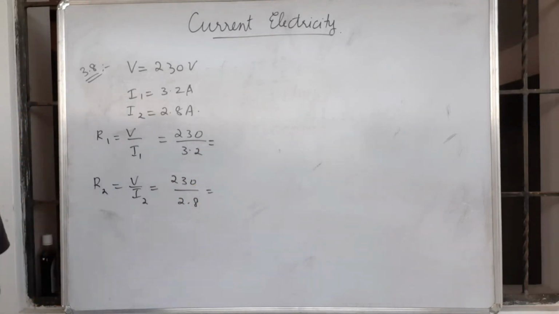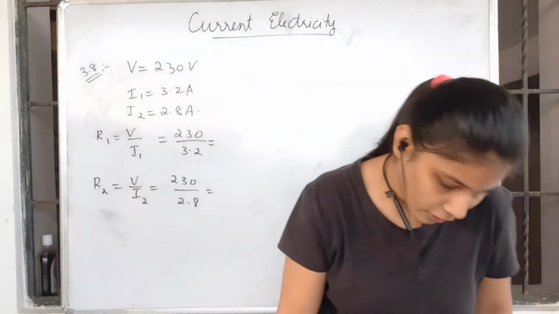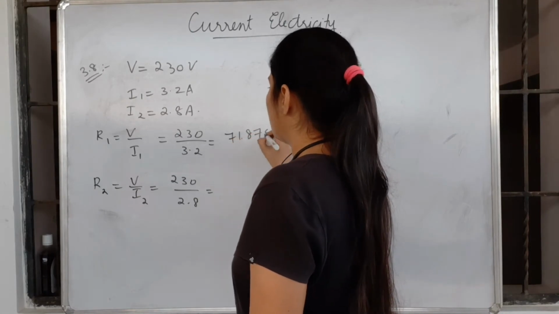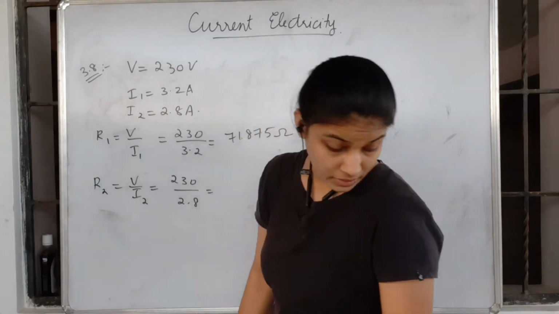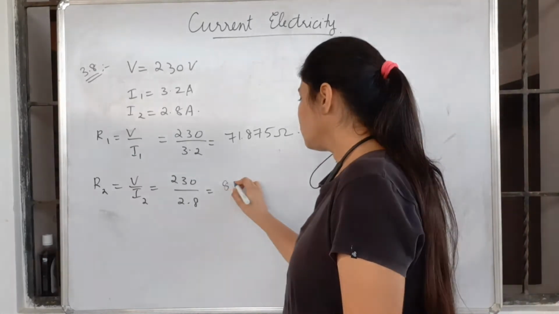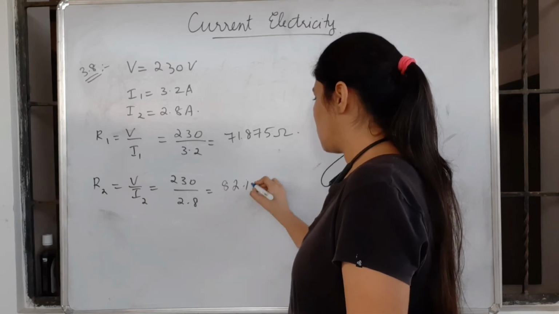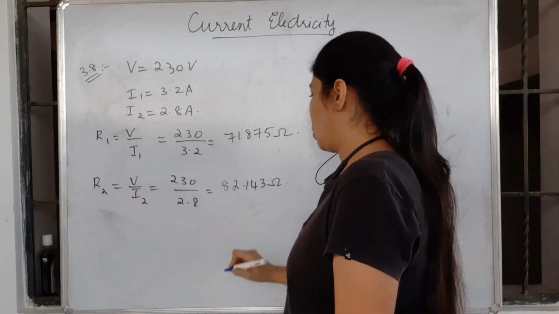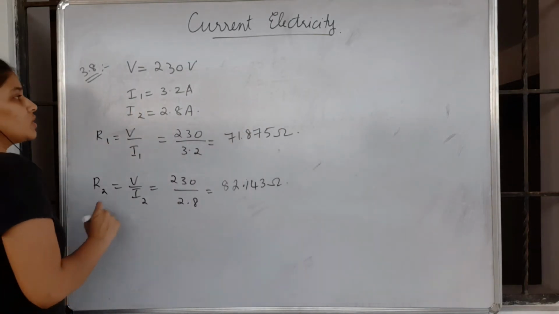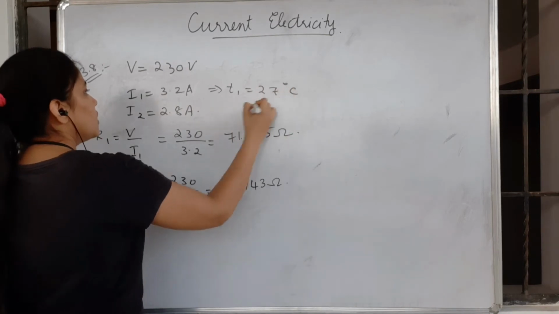You can use your logbook to find it. For the first one it is 71.875 ohm and here it is 82.143 ohm. Now the room temperature T1 is given as 27 degree Celsius.